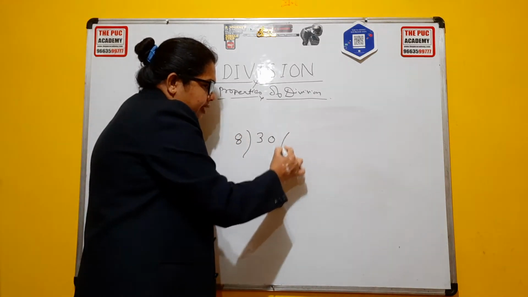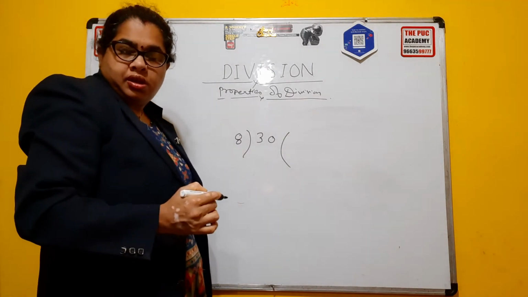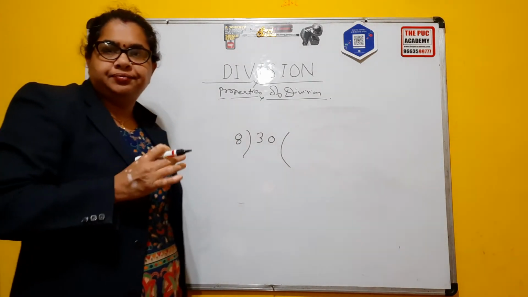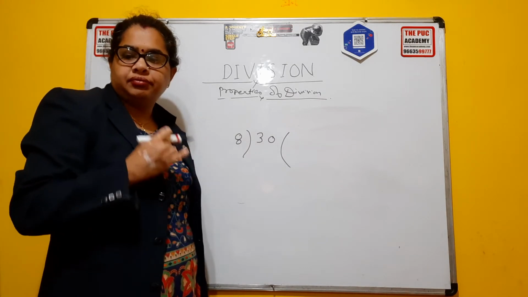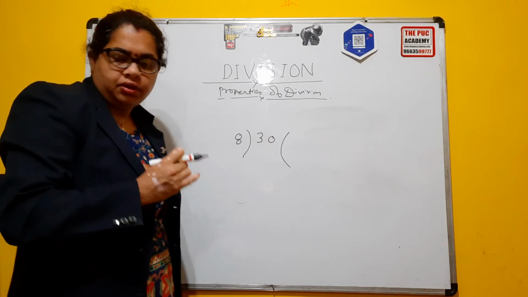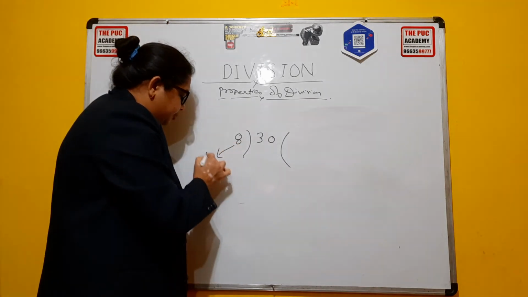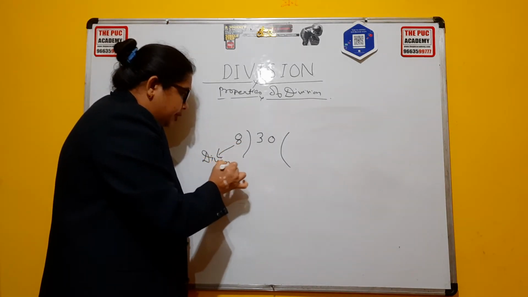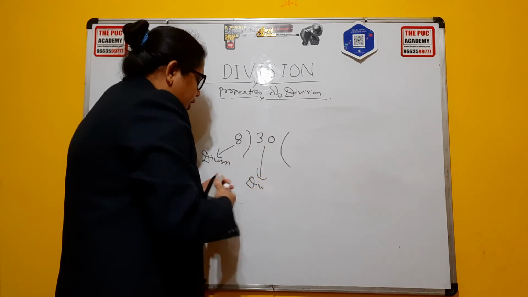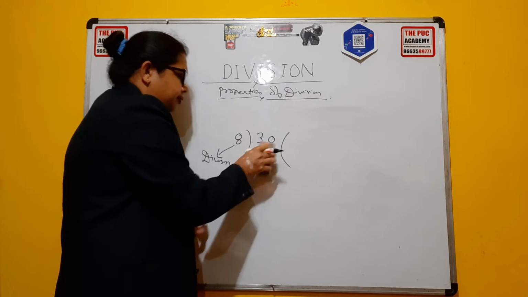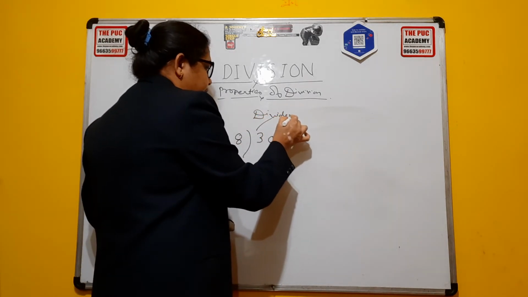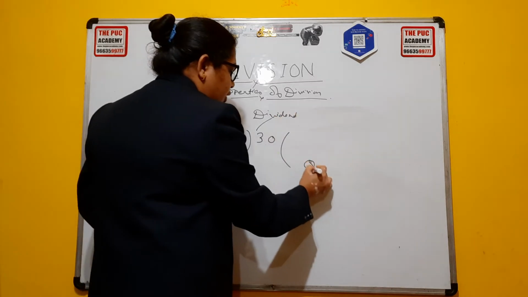We write like this. And there are terms called dividend, divisor, quotient and remainder. So this is your divisor, the small quantity. This is your dividend, which you write on top. And here you will get the quotient.